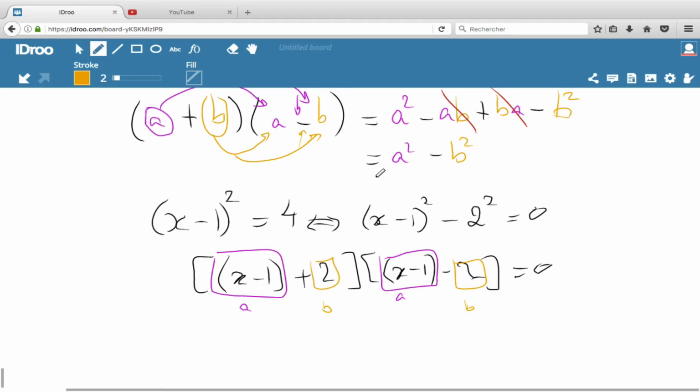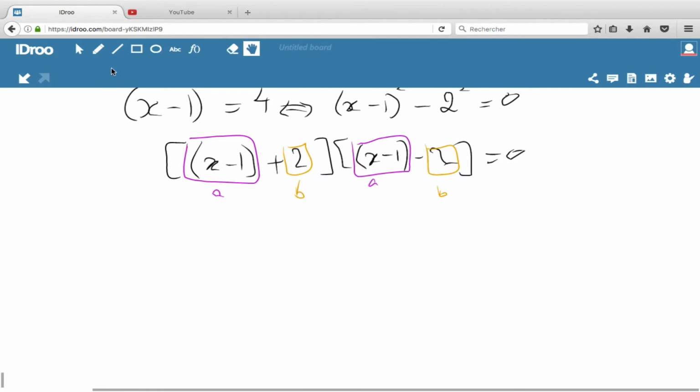We start with A to the square minus B to the square, and we said that's equal to A plus B times A minus B. And now we can have an easier way to solve this equation.